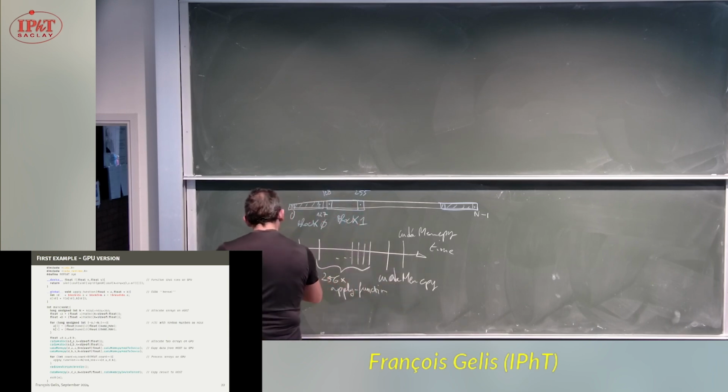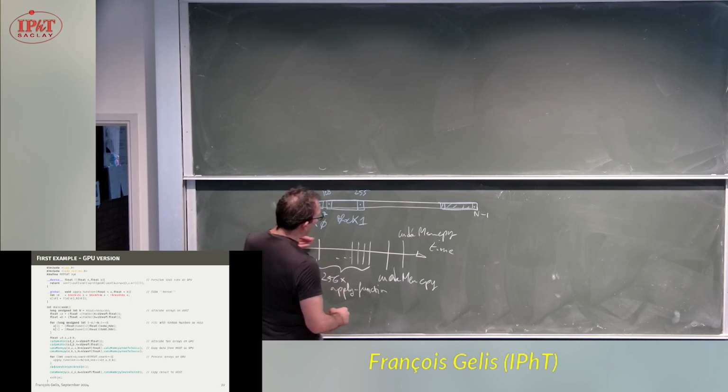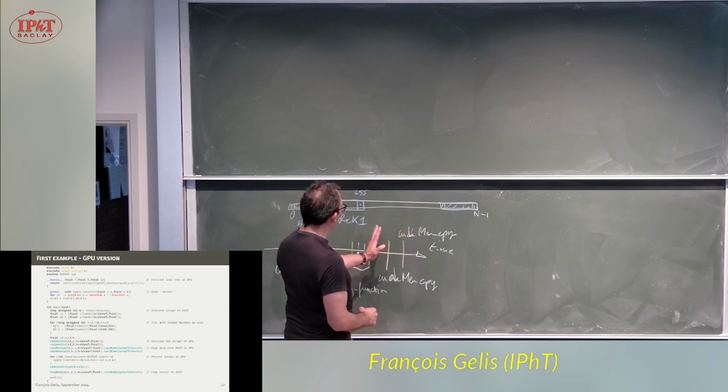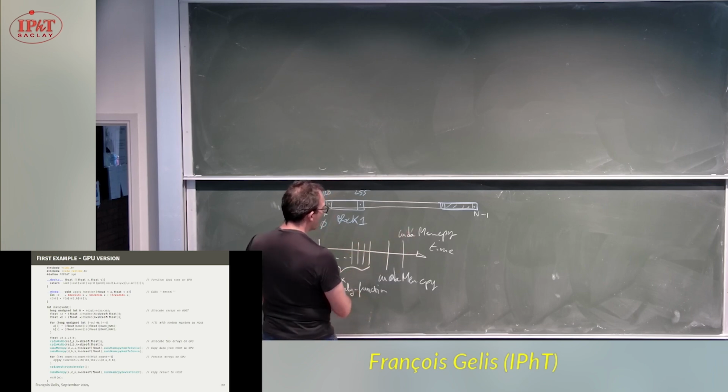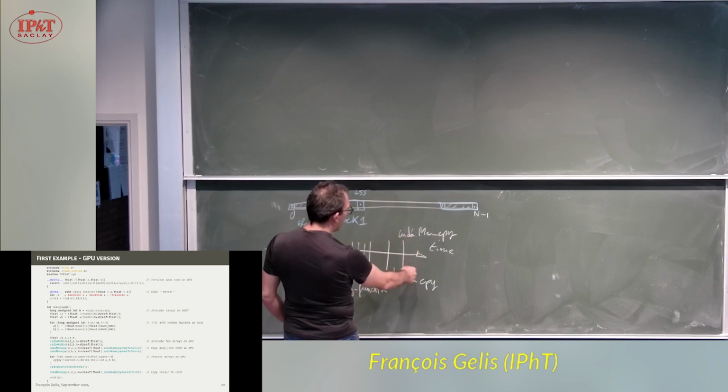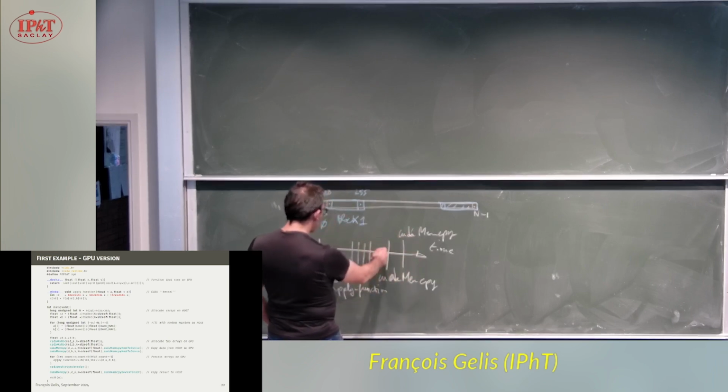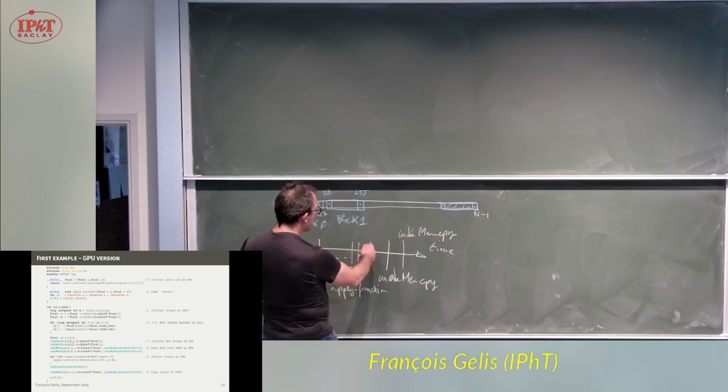And then a final CUDA memcpy. And within this pipeline, they have to be sequential. So this one will start only after this one has finished. The first instance of apply function will start only after this CUDA memcpy has finished, and so on.